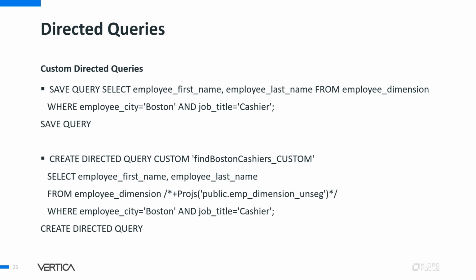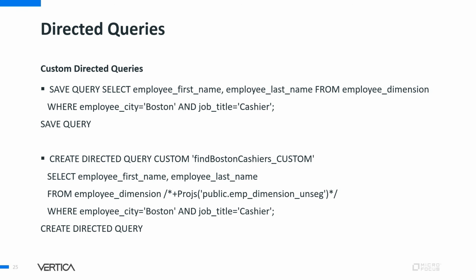To create custom directed queries, you will save the query itself. You run SAVE QUERY and then specify the query. Then immediately after that, you will create the directed query custom, and then you specify the name of it.